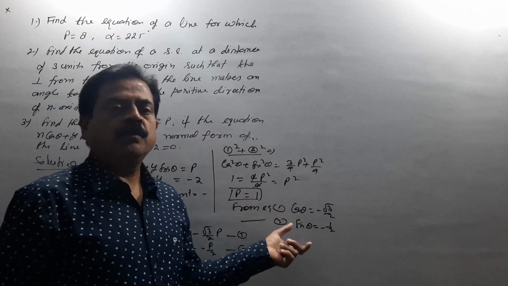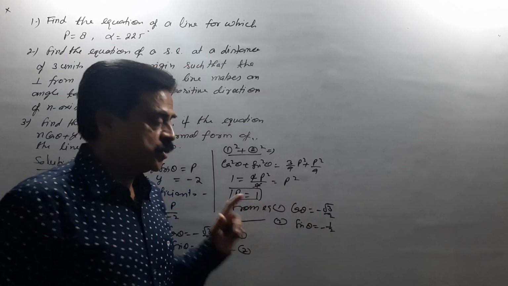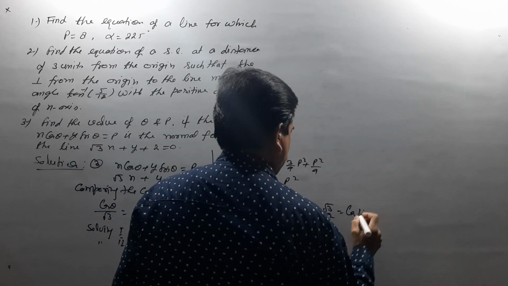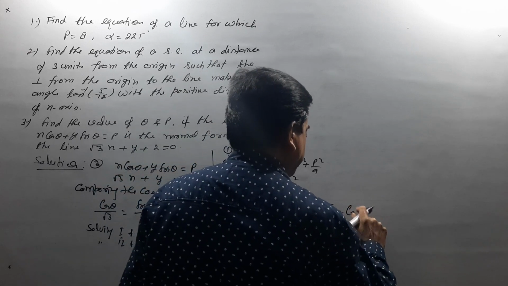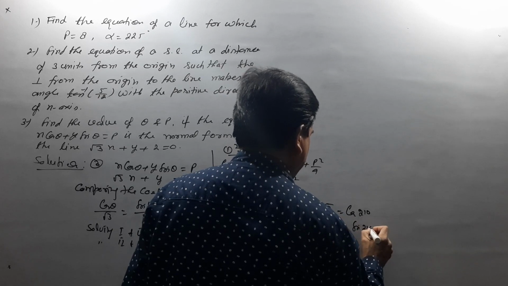Cos and sin both are negative, and both are negative in third quadrant, so the angle is 210, cos 210 and sin 210.